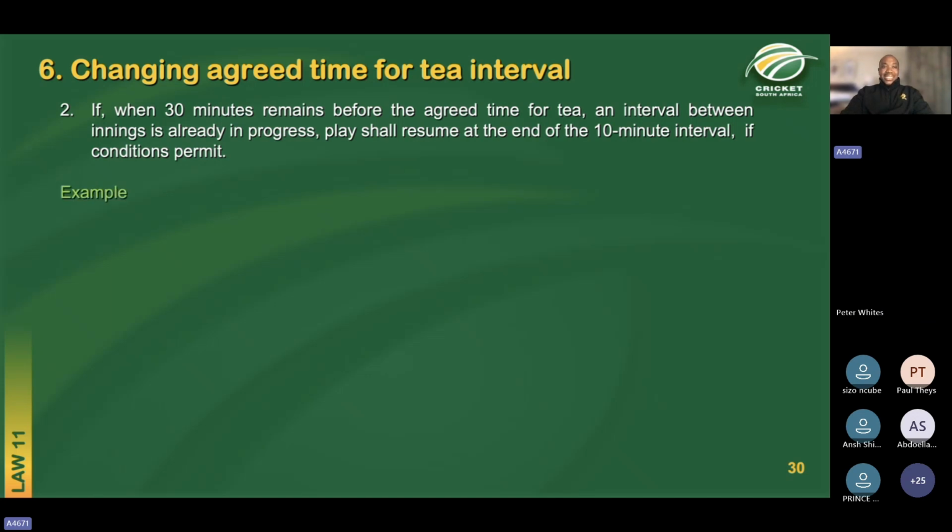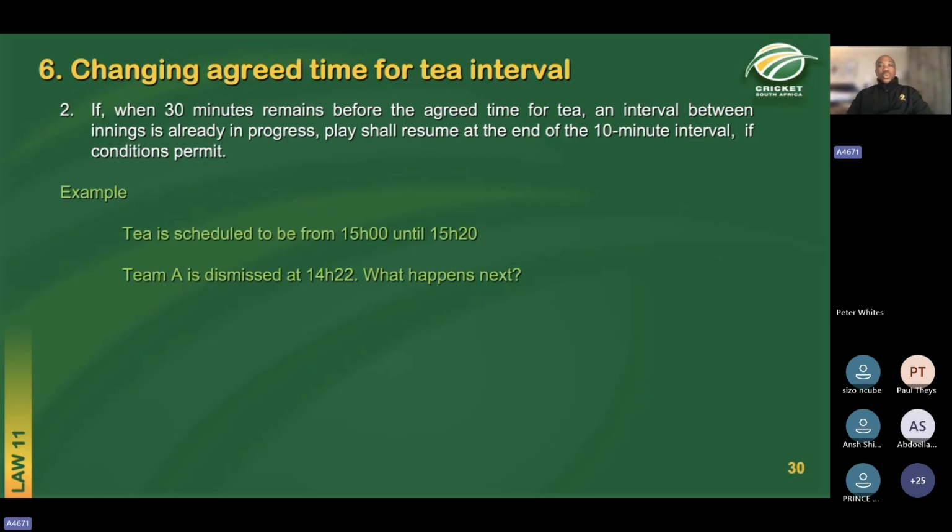So we're not moving the tea interval here because the change of innings was more than 30 minutes before the scheduled tea time. Let's have a look at an example. Tea is scheduled from 3 until 3:20. Team A is dismissed at 14:22.